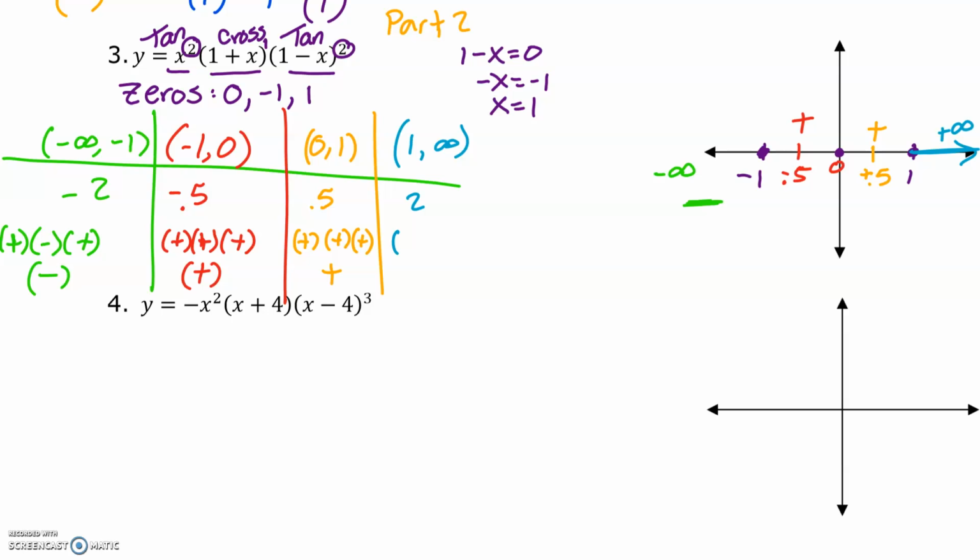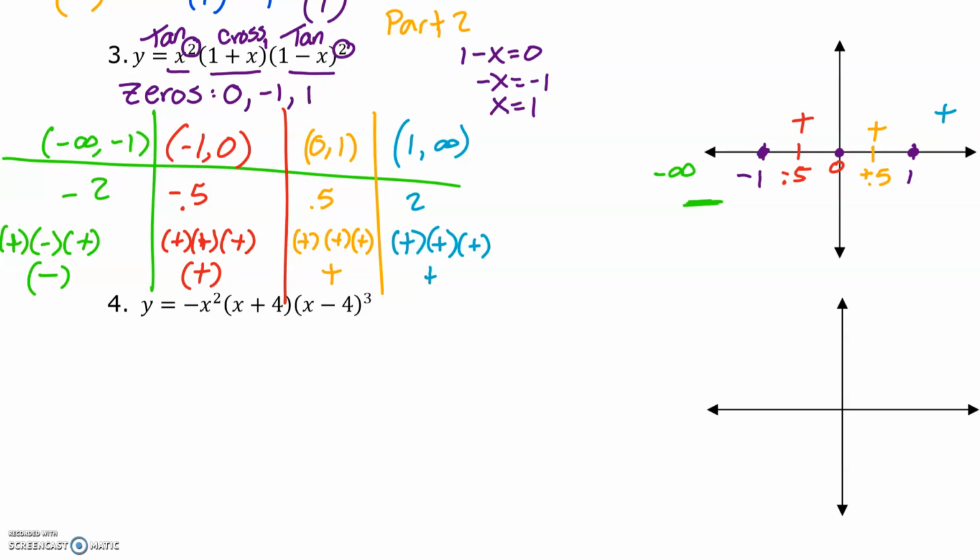Now we substitute it back in, so 2 squared is just going to give us 4, which is positive. And then 1 plus 2, which is just going to give us 3, which is positive. And 1 minus 2, which is going to give us negative, but negative squared is going to give us a positive value, and that is overall positive. So 3 positives in a row.